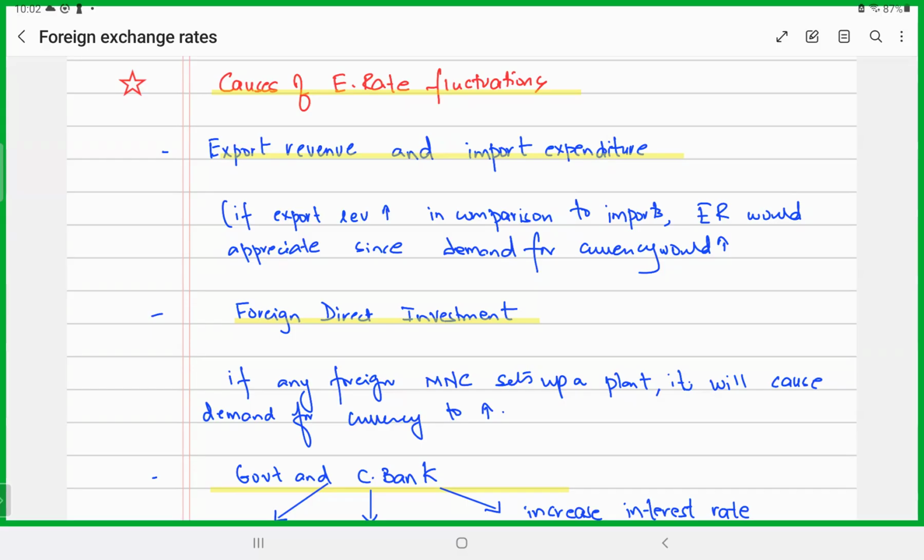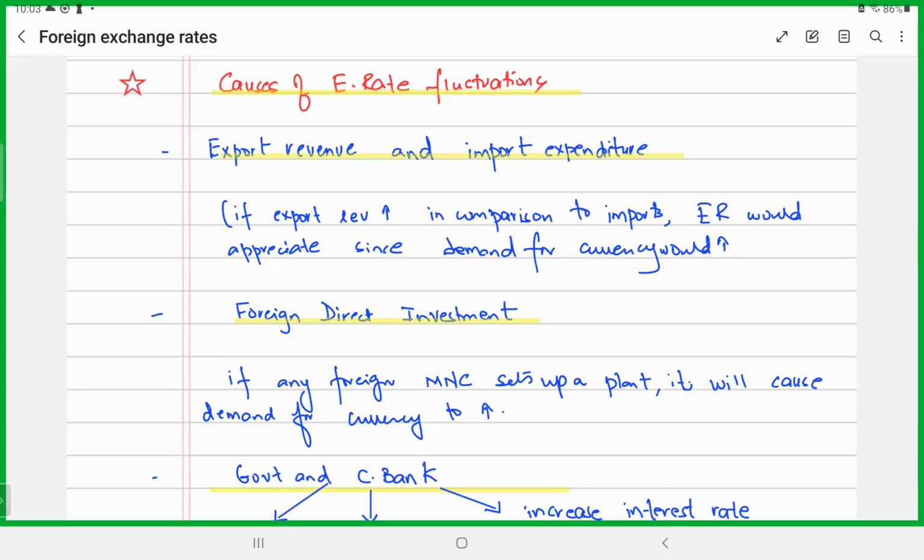The first reason why exchange rate fluctuation occurs is because of export revenue and import expenditure. So, for instance, if a government needs to pay for its import expenditure, and when it's experiencing an increase in its export revenue, so what happens?